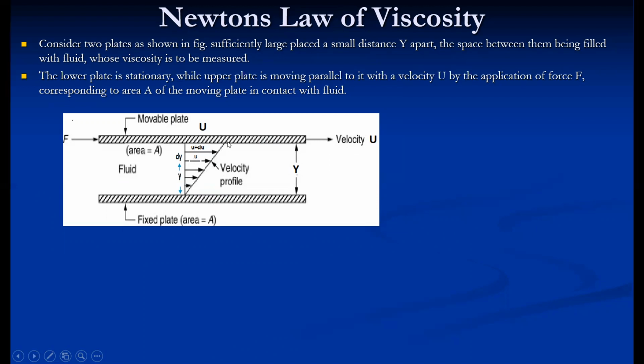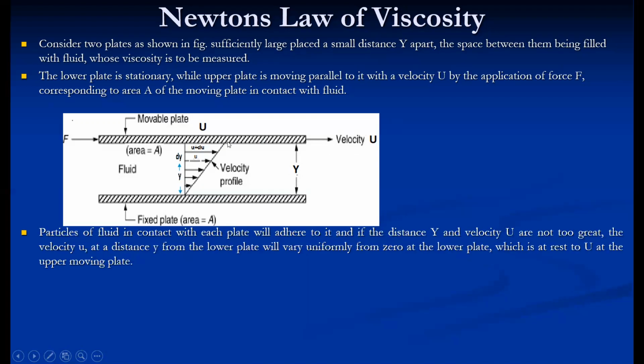The particles of the fluid in contact with each plate will adhere to it, and if the distance y and velocity u are not too great, the velocity u at a distance small y from the lower plate will vary uniformly from zero at the lower plate, which is at rest.